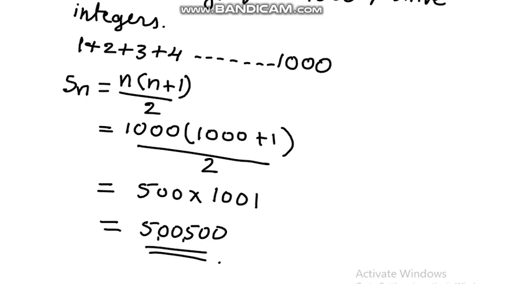This is the S1000 value, the sum of the first 1000 positive integers, and the sum is 500,500.